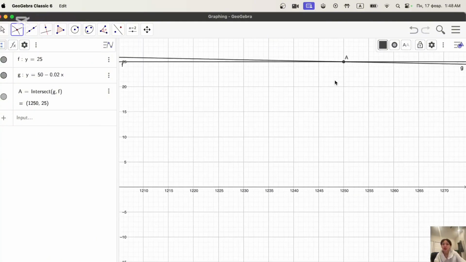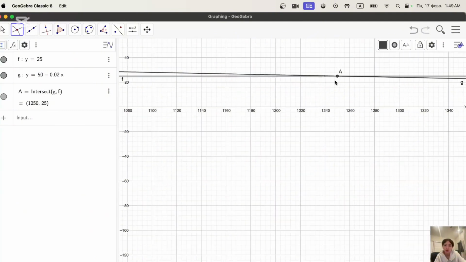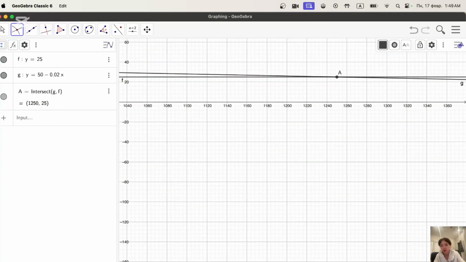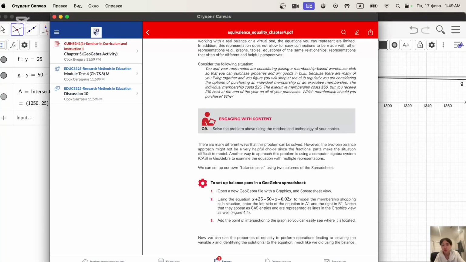We can see here our intersection, which means if you spend more than 1,250 per year, the executive membership is a better option due to cashback savings. So let's go to Canvas and look at our next question.